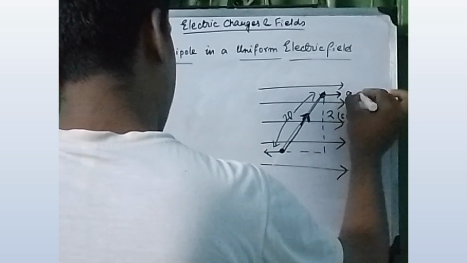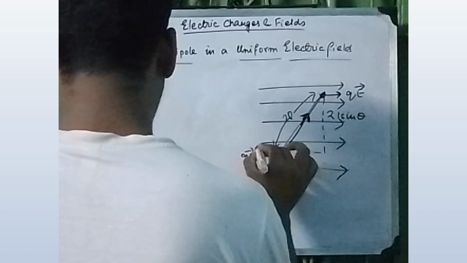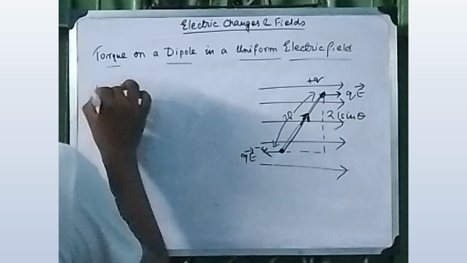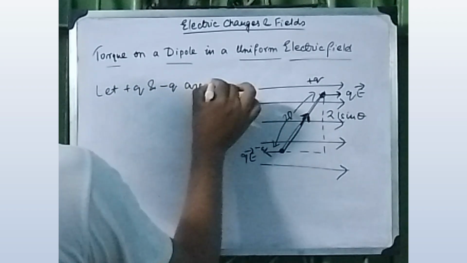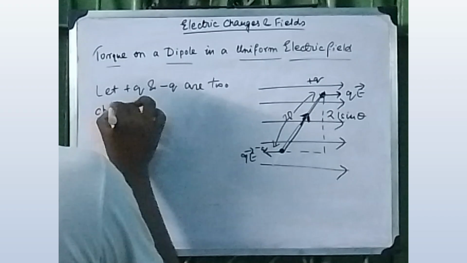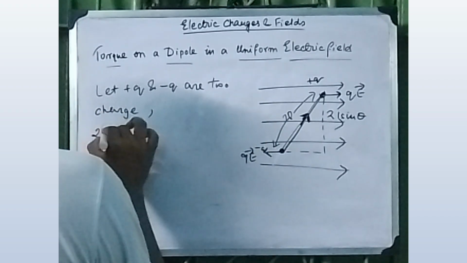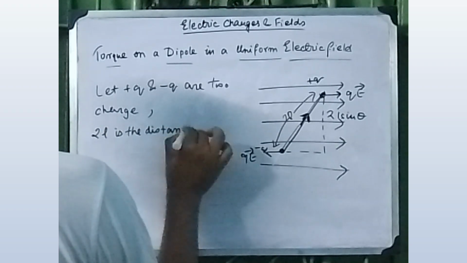The length between the 2 points is considered as 2L, and the height is considered as 2L sine theta, and the 2 points are taken as minus q and plus q. The direction is qE, q vector E. Let plus q and minus q be two charges. L is the distance between the 2 points.